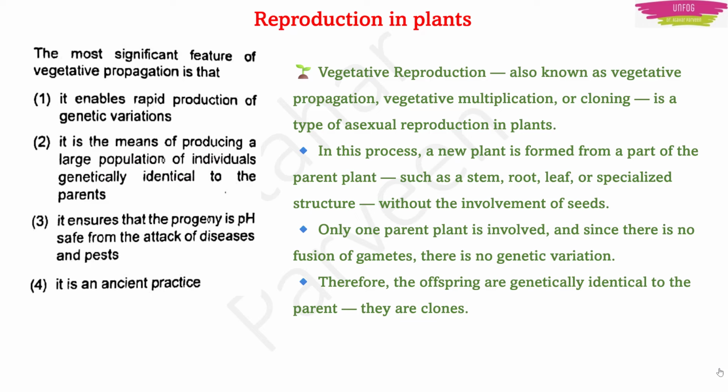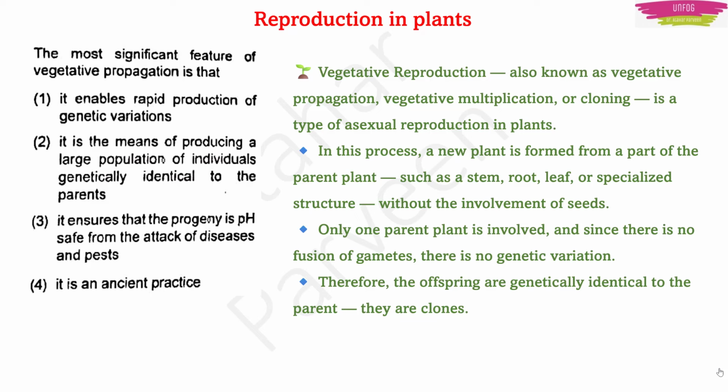Here a new plant is formed from a part of a parent plant. That part can be a stem, root, leaf, or some specialized structure which is not involving seeds. Okay. So one parent plant is involved, and therefore there is no fusion of gametes, there is no genetic variation, because only one parent plant is there.